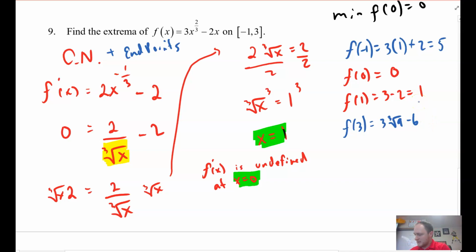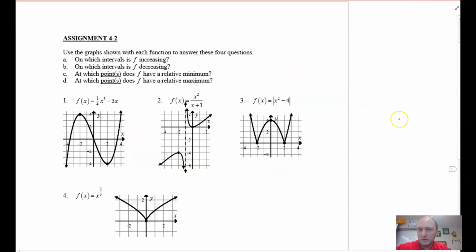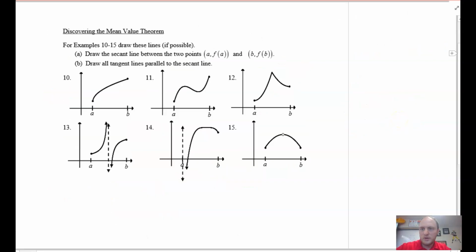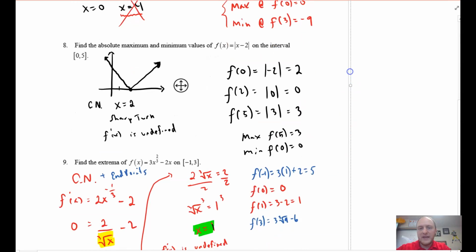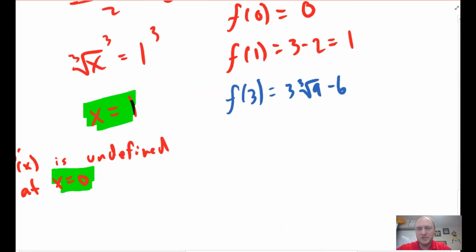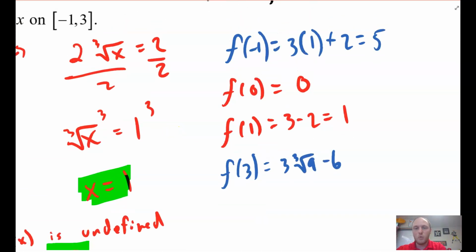Okay, and notice the cubic root of 8 is 2. So this is just slightly larger than 1.